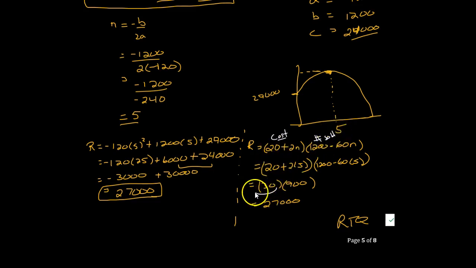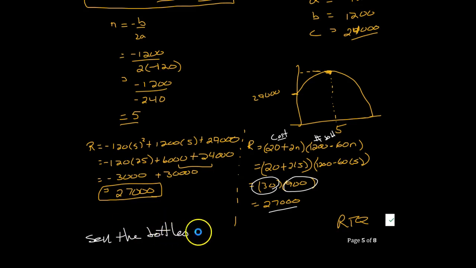So if you sell each bottle for $30 and sell 900 of them, you will get a maximum profit of $27,000. So this you could state as an answer. Sell bottles for $30 each, earning $27,000.